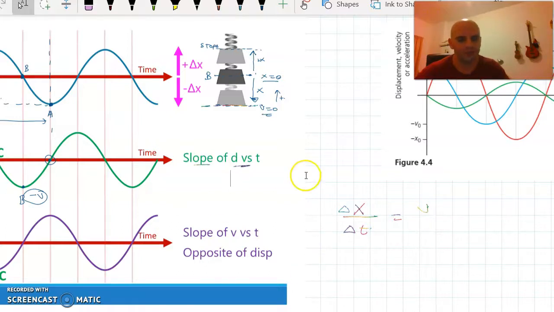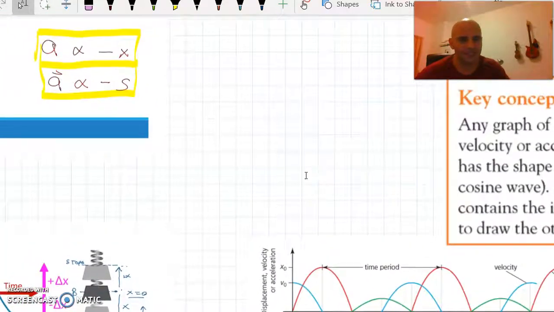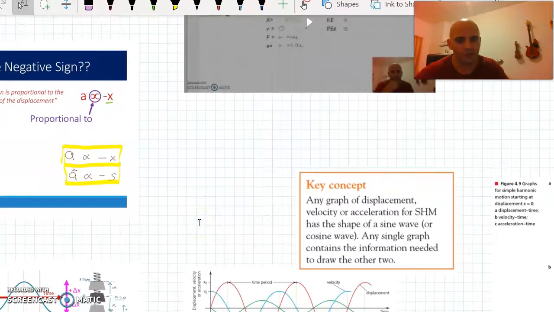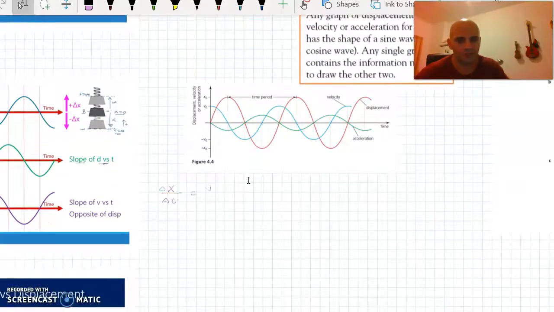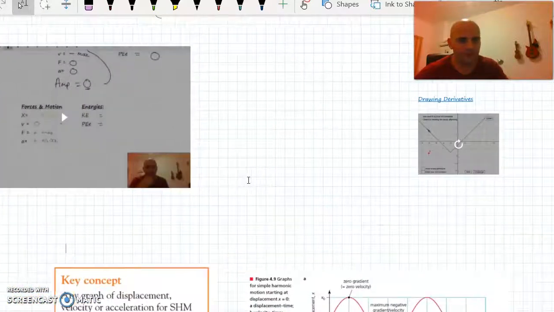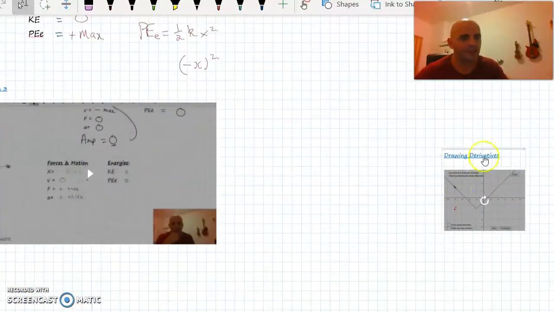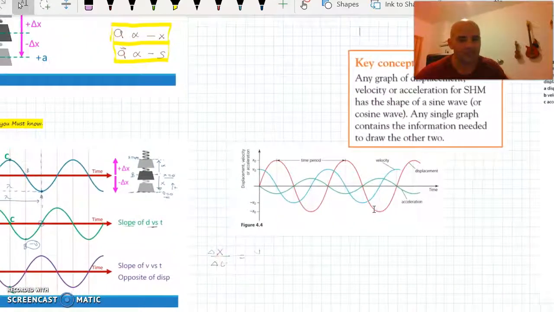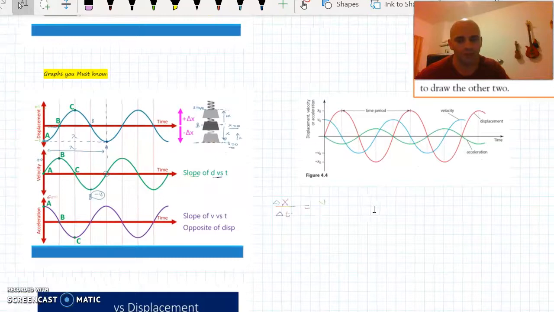Now, what I've done here, just so as you can have an idea of what this slope thing is about, I've popped in a little link somewhere on this page to do with GeoGebra, okay? And that's here, okay? Drawing derivatives. So a derivative in mathematics is about a slope, okay?